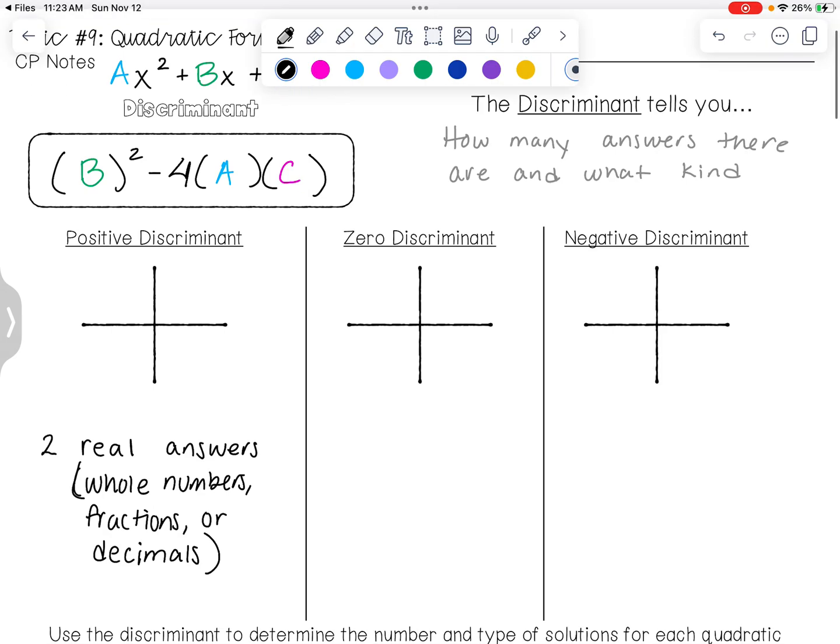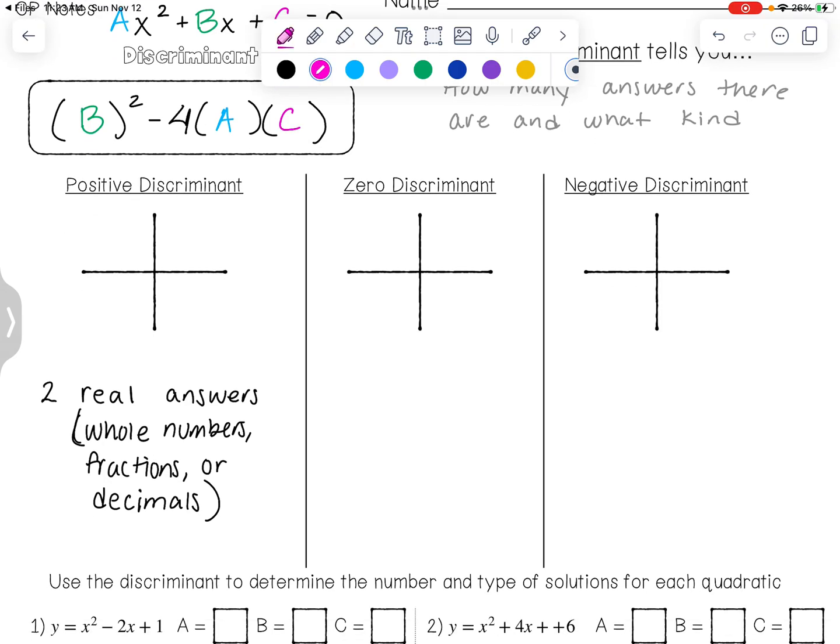Visually, what that means is that you have 2 x-intercepts. So when we go to draw our parabola, right, we're going to have a parabola that crosses twice. That's all that is saying.